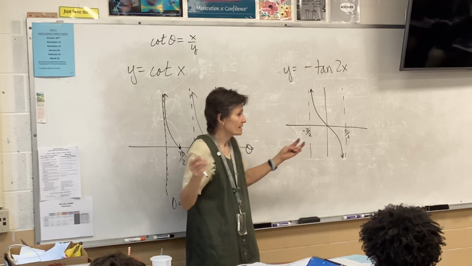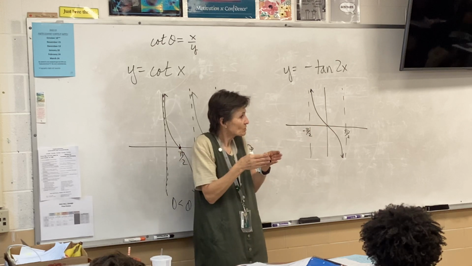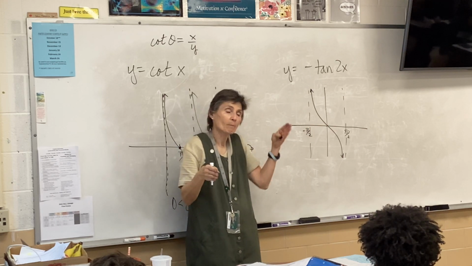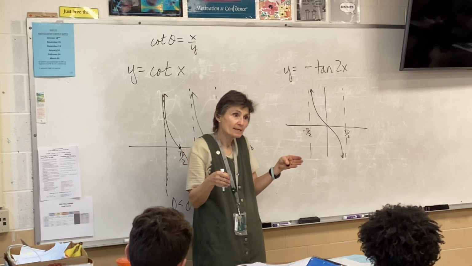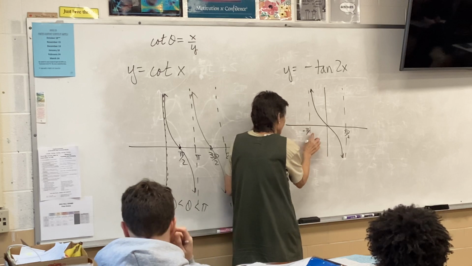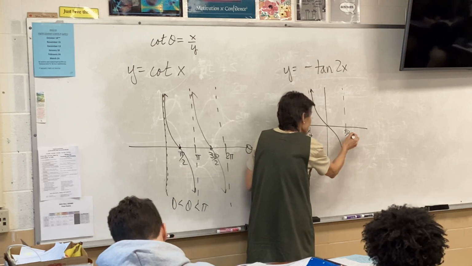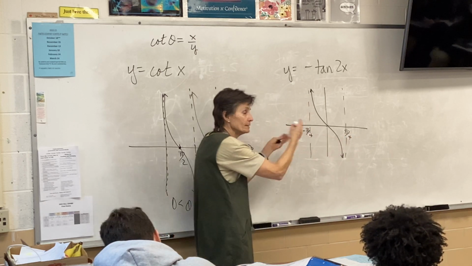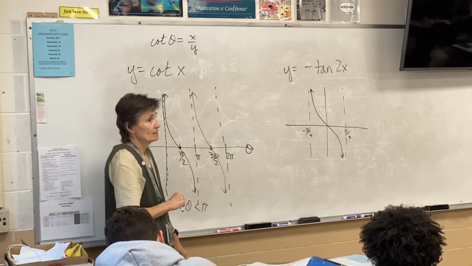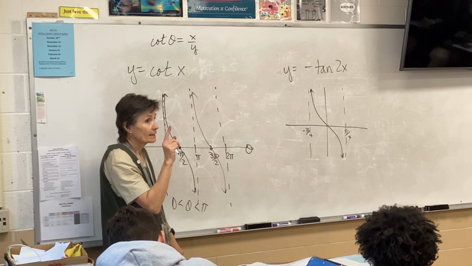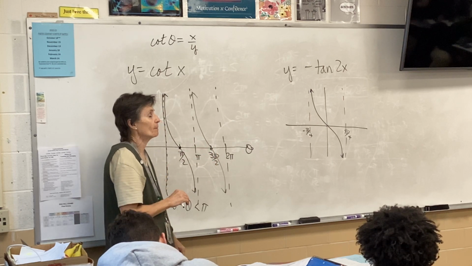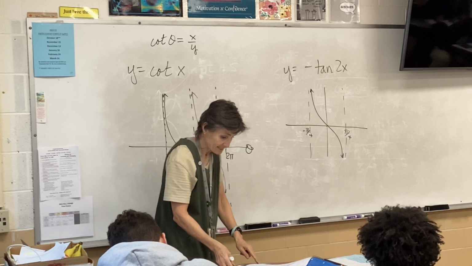Second thing we've done is make it half as wide. So instead of going from negative a half to positive a half, it's going to go from negative a fourth to positive a fourth. Done. It's that easy. Gotta know what you're starting with. So you gotta know what a tangent looks like. But boy, if you do, that's easy.